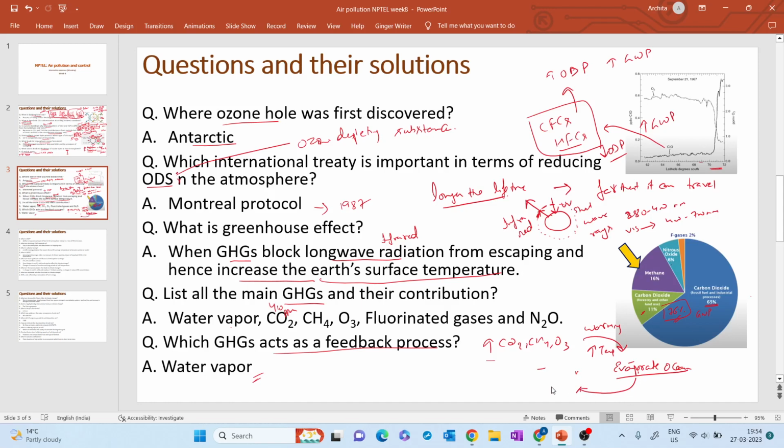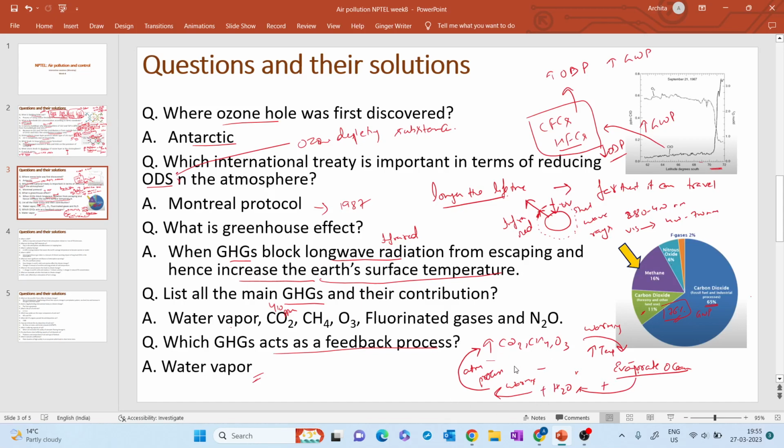It leads to high water vapor. Now this water vapor further leads to warming. Now this warming again leads to atmospheric processes which form the CO2, methane, and ozone, which further increase the temperature. Again evaporation, again water vapor, again warming.